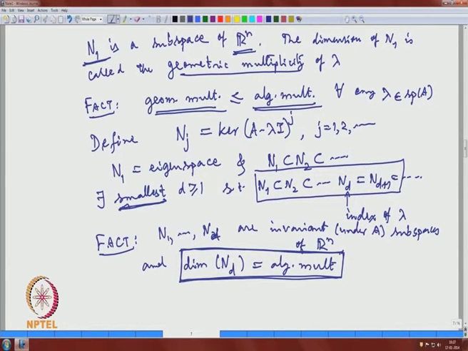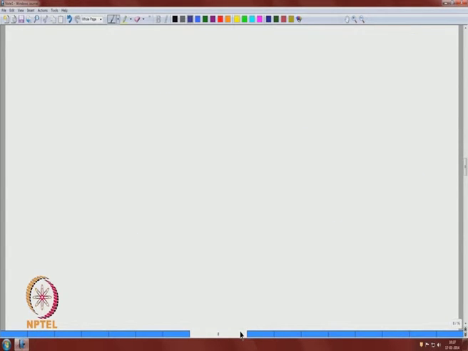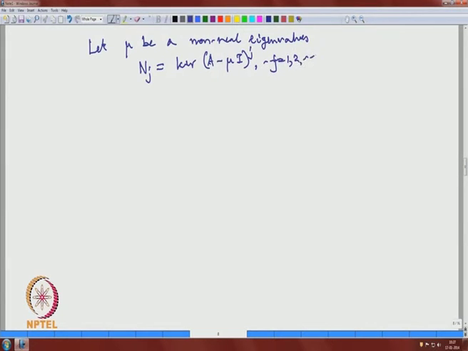So you do this for every eigenvalue. Let mu be a non-real eigenvalue. Again you form the same thing: the kernel of A minus mu I to the power j, for j equal to 1 to n, and it will have some index.